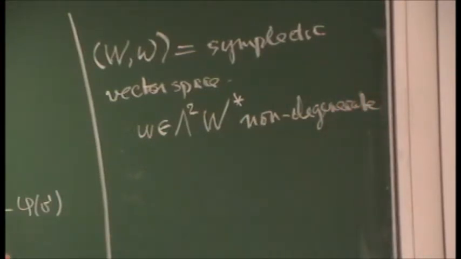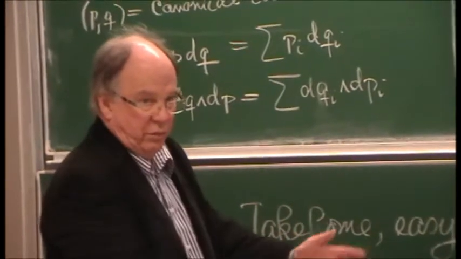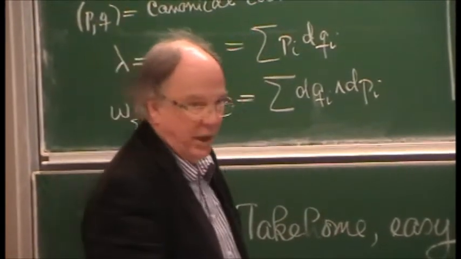Of course, it's automatically closed because it's constant. It's just a constant form. Is that clear? It doesn't change from place to place, so d of it is just absolutely constant.